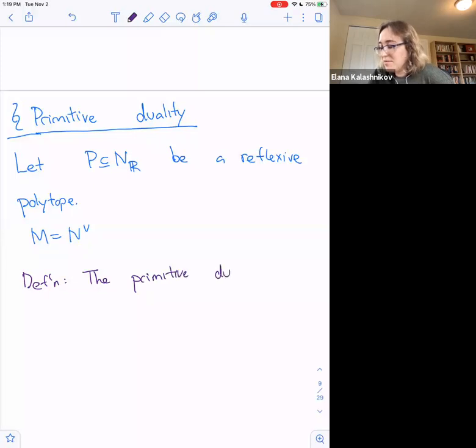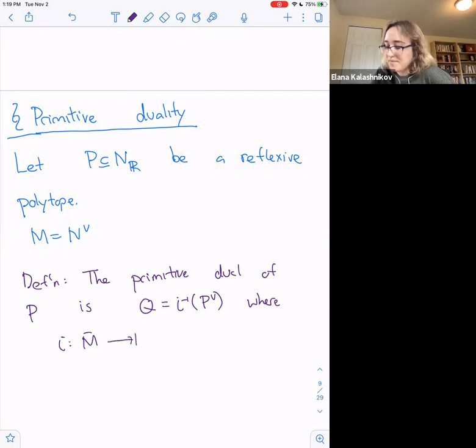The primitive dual of P is a polytope Q, which is formed by taking the preimage of the usual dual of P under a map. And this map here is an inclusion of lattices, where the sublattice M bar is the lattice spanned by the vertices of P dual.